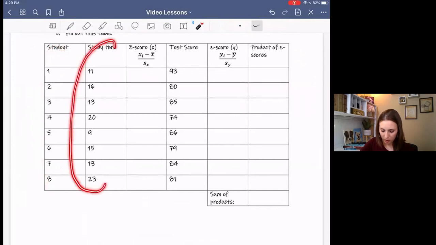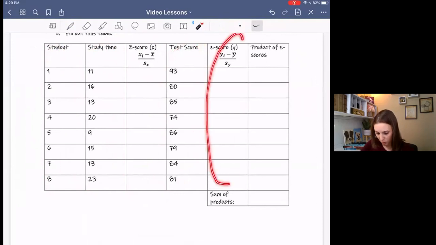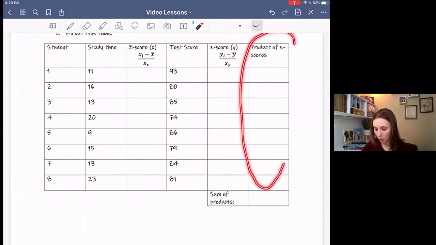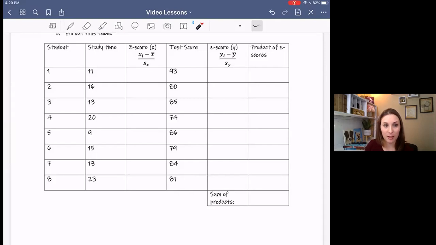I have each student's study time, the z-score of the study time, the test score, the z-score for each test score, and then we're going to be multiplying the two z-scores together. So pause the video, fill out this table, and then come back and see if we got the same thing.